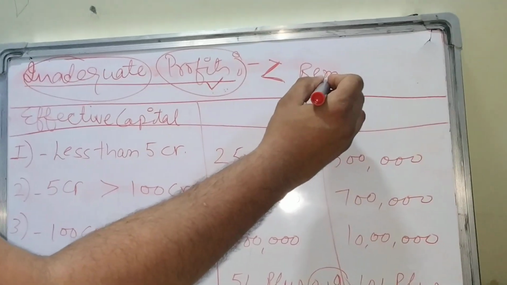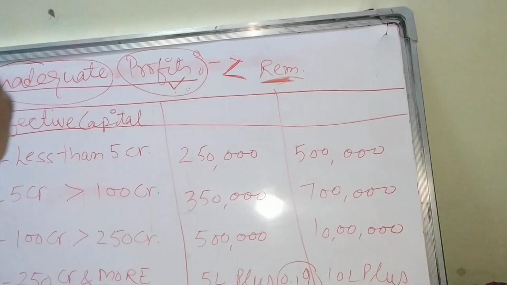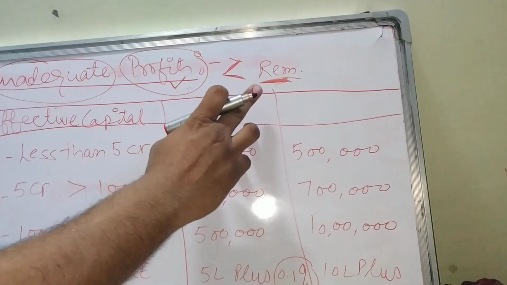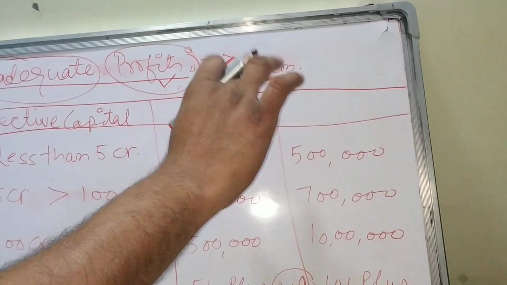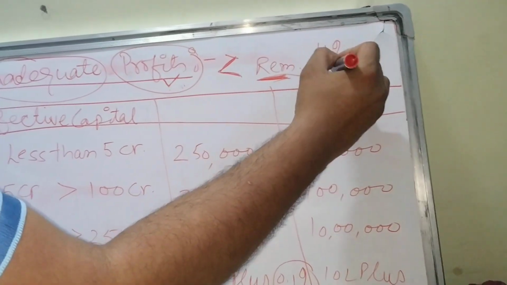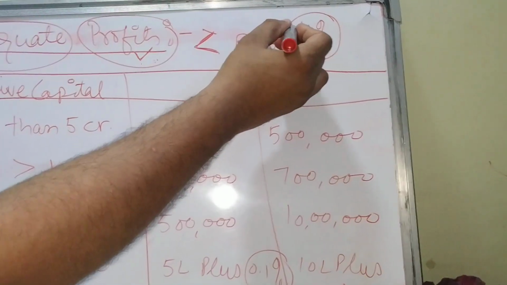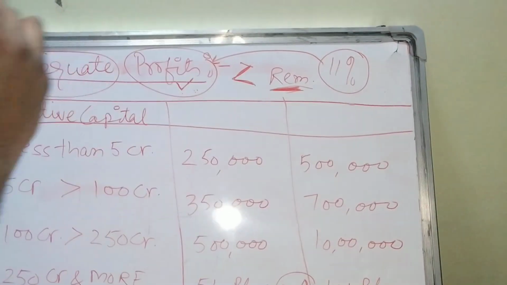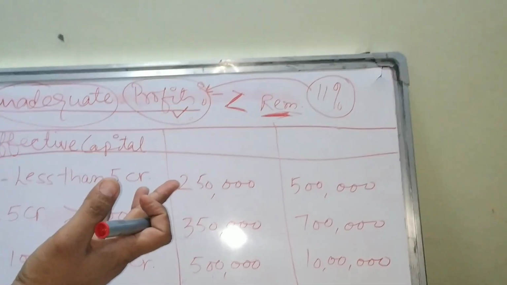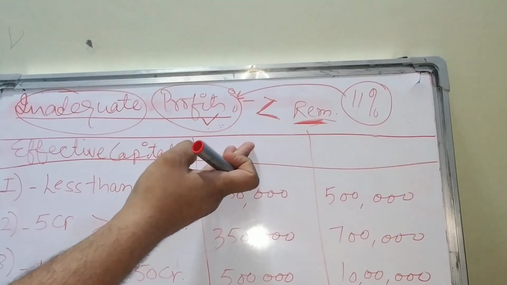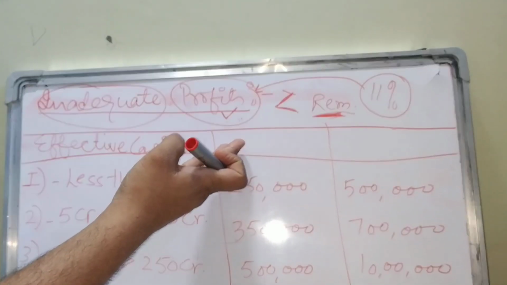Then in that case, will we be paying remuneration to the managing directors? Because in the earlier video we learned that 11% of the profits should be given to the managers. Now if the profits are less, it means managers will not get anything. If there is a loss, will they get any profit amount or not?